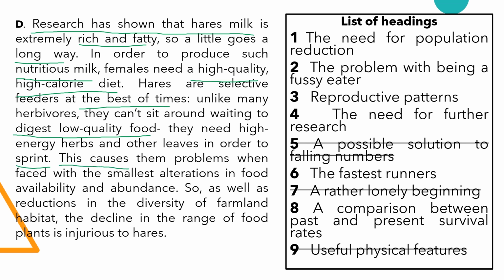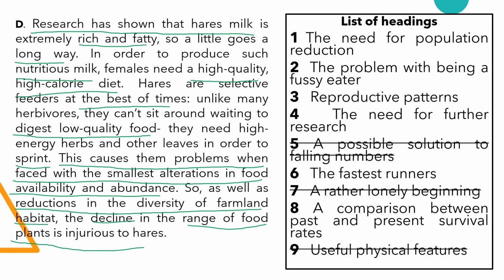This causes them problems when faced with the smallest alterations in food availability and abundance. So as well as reductions in the diversity of farmland habitat, the decline in the range of food plants is injurious to hares.